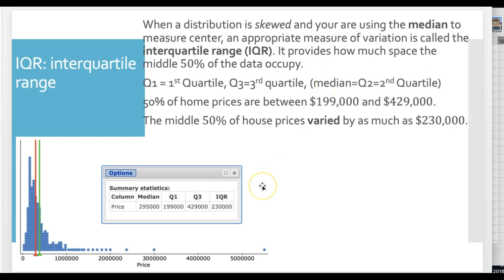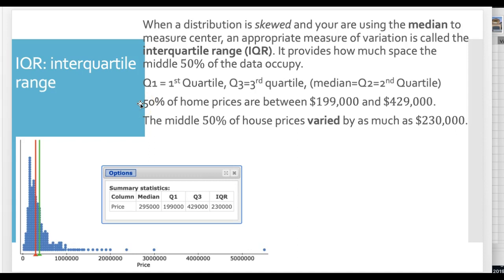In StatCrunch, I'm able to find the median, first quarter, and third quarter, and it already takes the difference for me, the interquartile range. So if I'm just using the first and third quarter, I could say 50% of home prices are between 199,000 and 429,000.